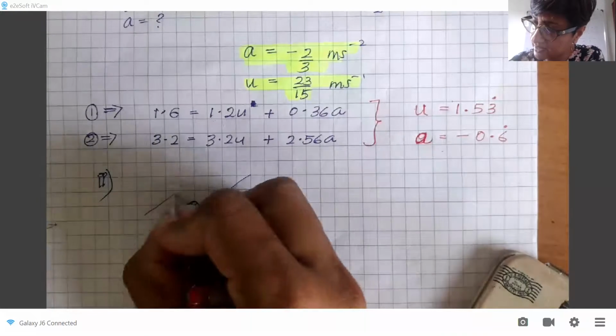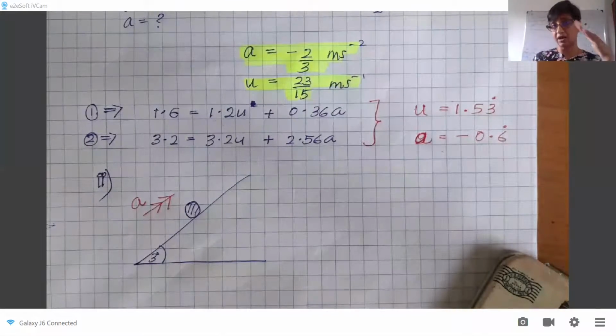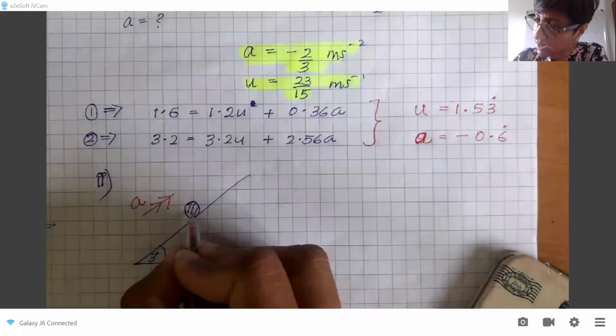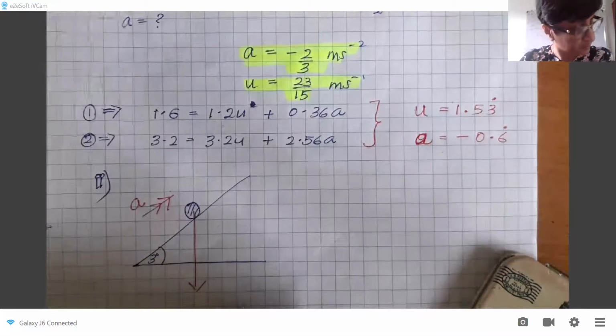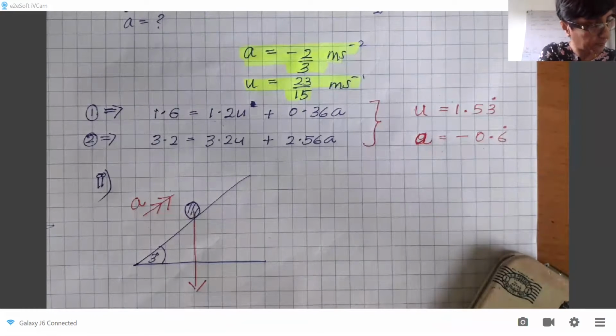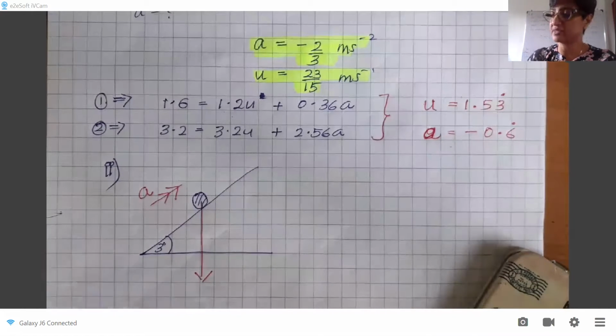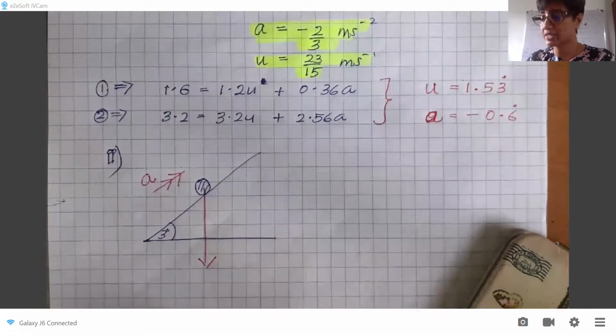I will say that this is accelerating up. It's deceleration, a negative acceleration, but you have an a upwards, a negative a. And if I mark the forces, do we have the weight?